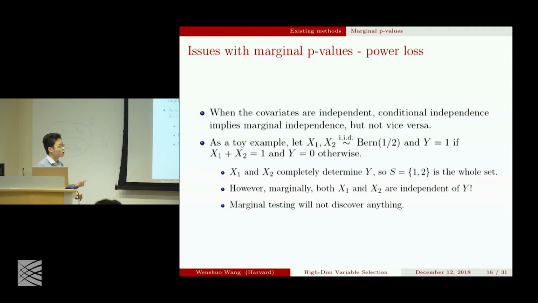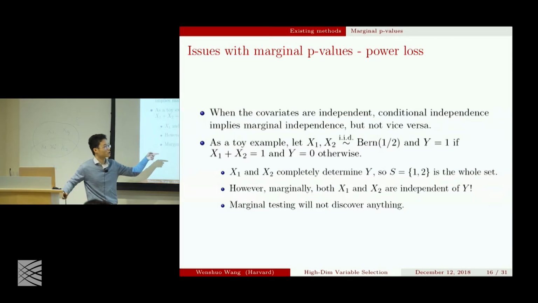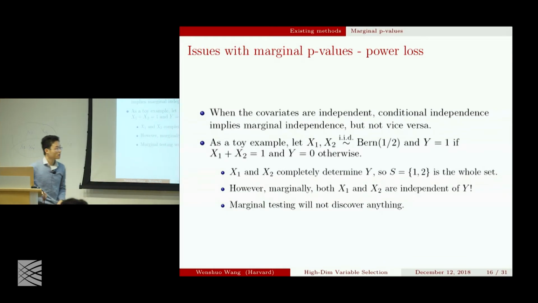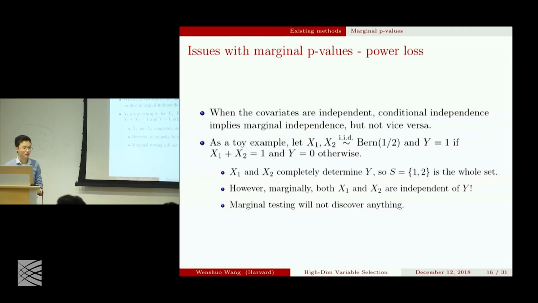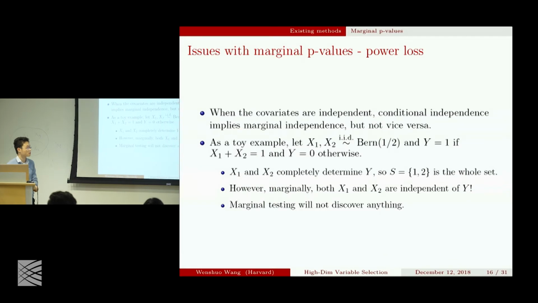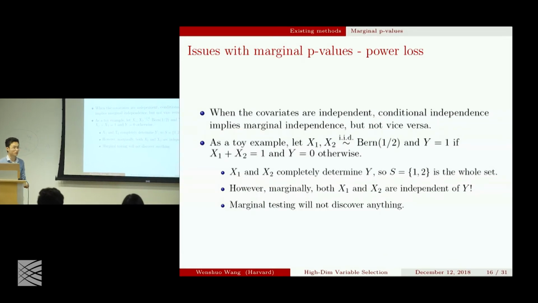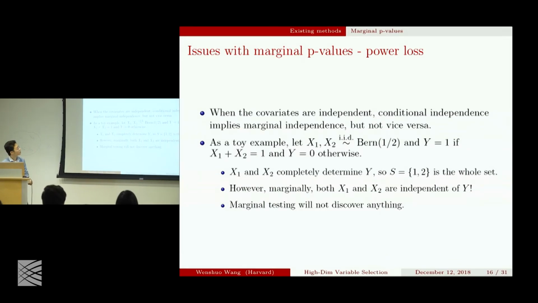And if x1 is 0, still y is going to be 1 and 0 with half probabilities. So knowing x1 does not help you predict y, so x1 and y are independent marginally. So if you do marginal testing on x1 and x2 with y independently, then you're not going to discover anything, which is very bad because in this case, everybody is influential.